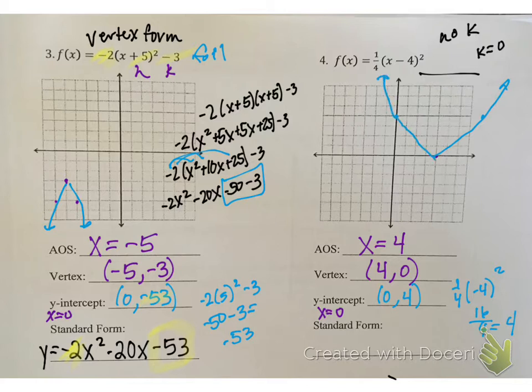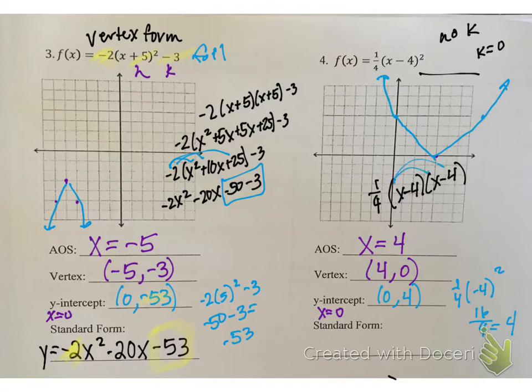Beautiful. Okay, to get standard form for this, I'm just going to FOIL it out like I did the first one. I'm going to leave my 1/4 alone, and I'm going to do that last. So 1/4 times x minus 4, x minus 4. Then I need to FOIL.